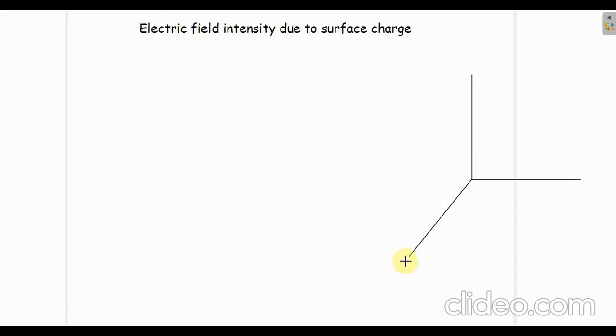Let's say this is your x axis, this is your y axis, and this one is your z axis. Now an infinite sheet of charge is kept in the xy plane. So anything in the xy plane can be done like this.